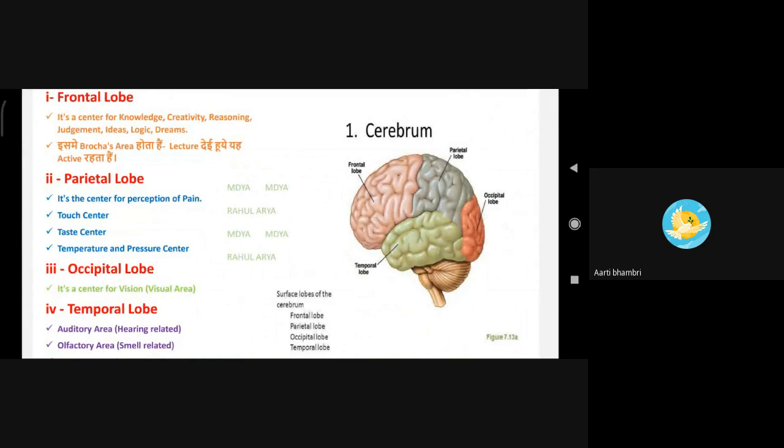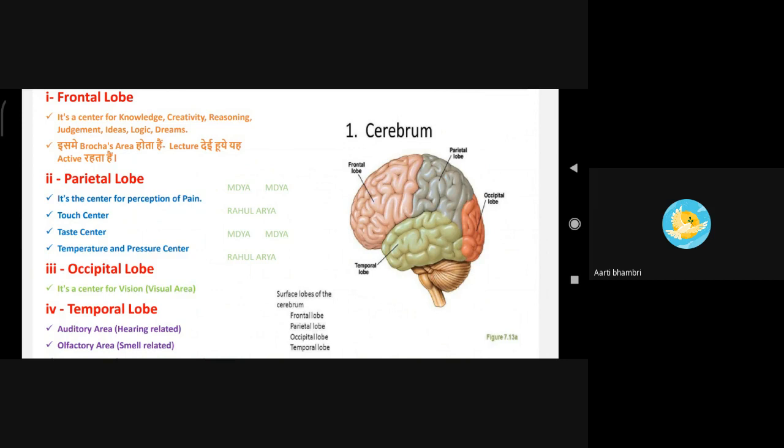So the frontal lobe is the center of knowledge, creativity, reasoning, judgment, ideas, logic, and dreams. You have to remember the functions of these lobes. Okay, these are important from the question point of view. Now, the parietal lobe is the center of perception of pain.